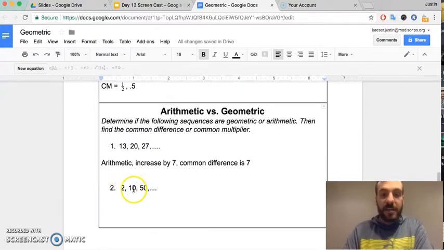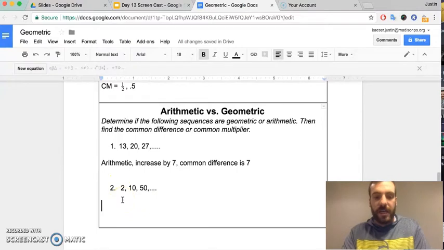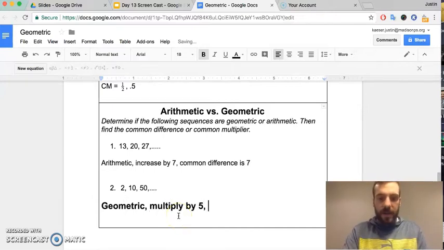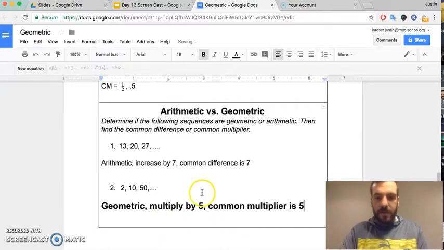Not adding 7, adding 8. 10 plus 8 is not 50. So you know it's geometric. You do the second term divided by the first. You're going to get, so geometric and multiply. Multiply by 5. Well, my common multiplier is 5.